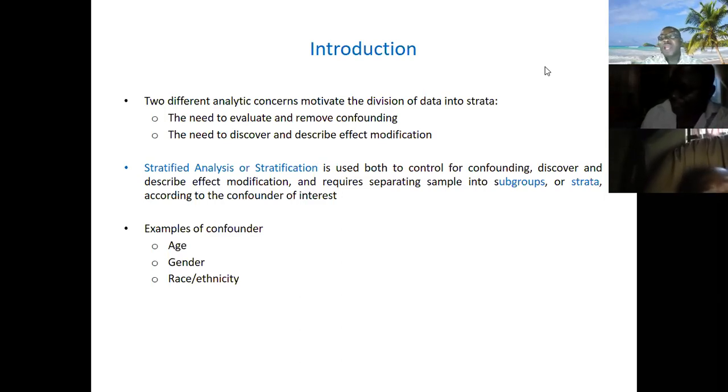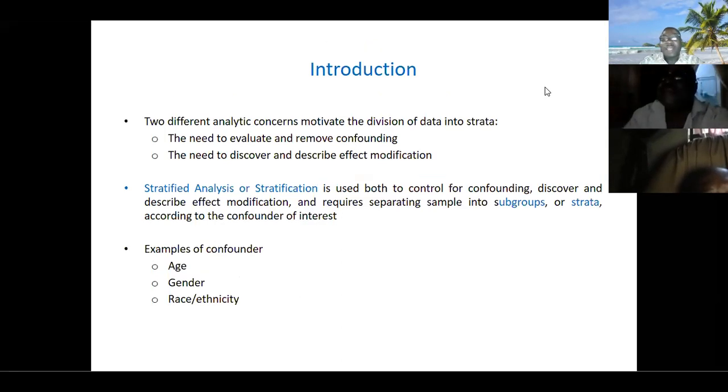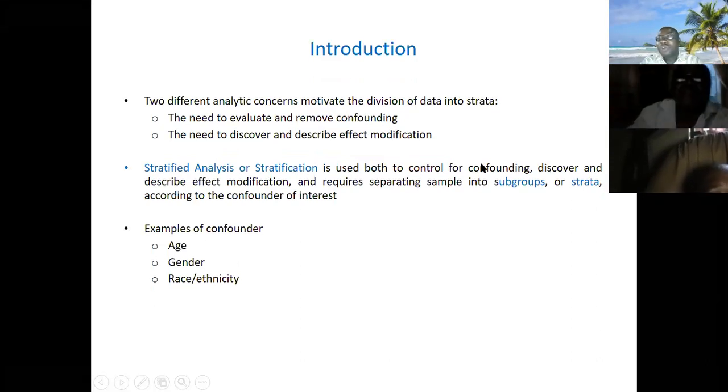Just the way ANOVA will soon fade out and give room for linear regression. This analysis has not faded out, but it has given room for logistic regression. However, it's good to understand the concept. So today we'll be looking at stratified analysis, and later you discover that you don't even need to do it. Regression will solve the same problem.